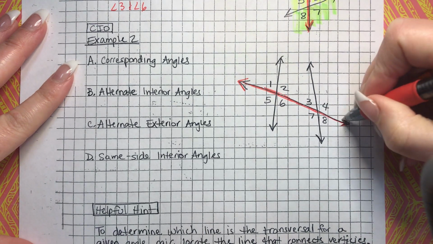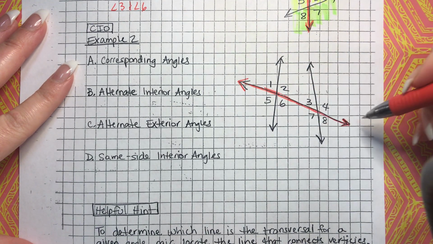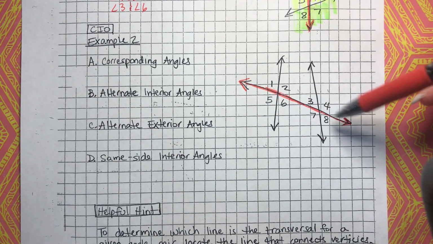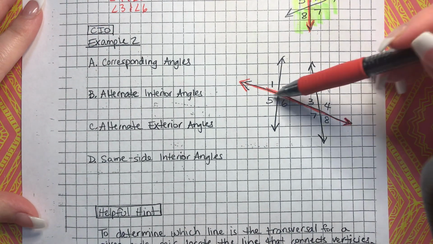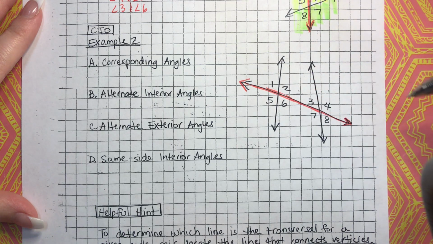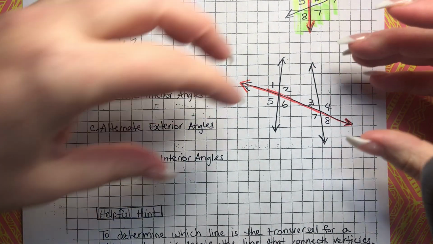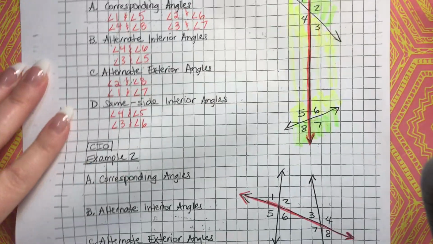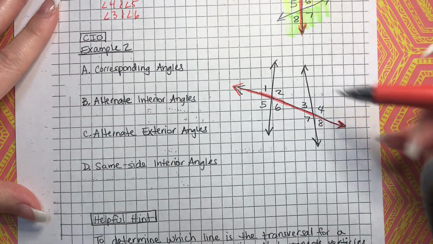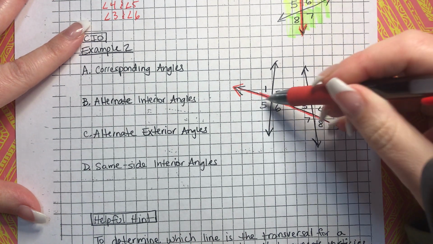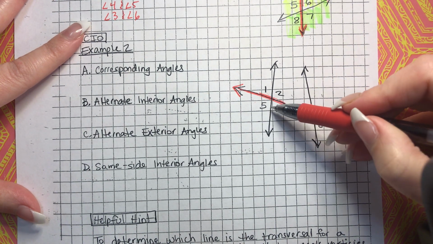And whenever you have a transversal intersecting two lines, it forms 8 different angles. So corresponding angles are on the same side of the transversal, right? Because this is kind of like a shifted version of the picture up here, corresponding angles are going to be on this side, and I'm going to call this the left side of this line.